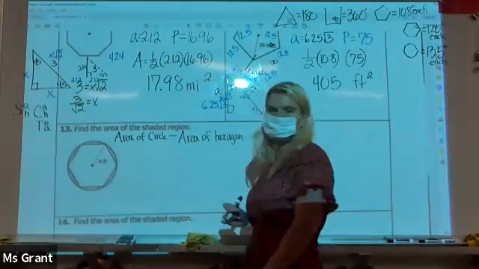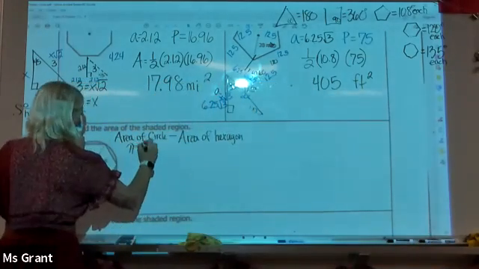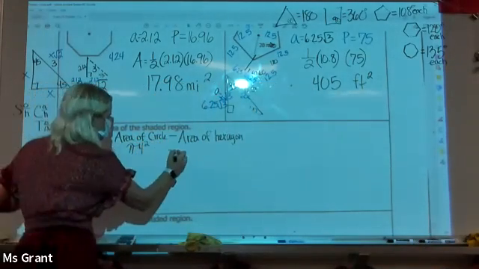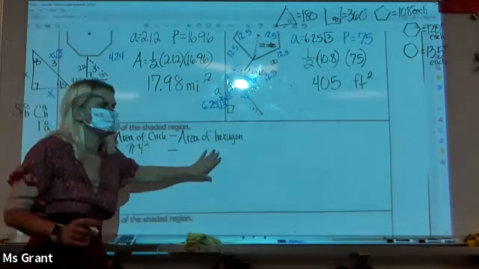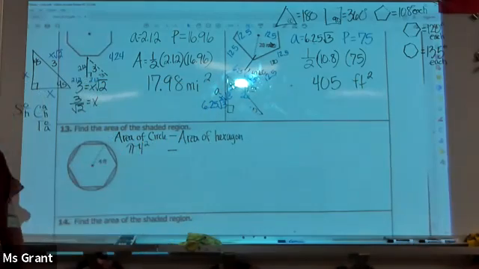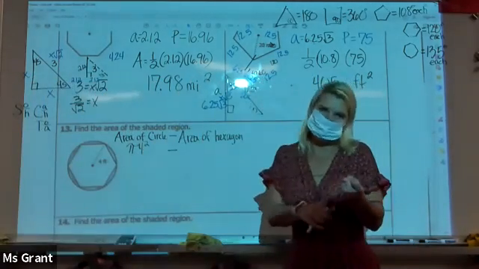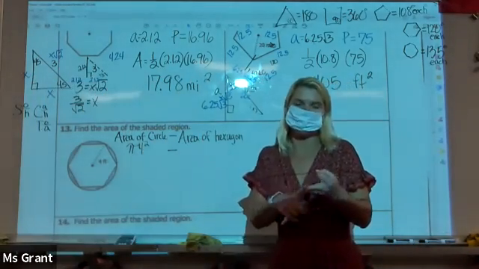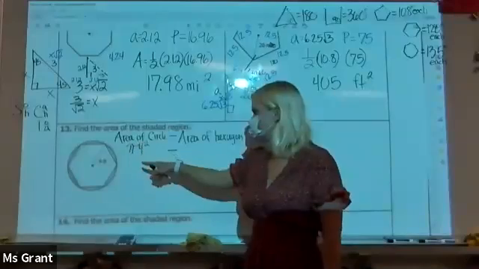And then I find the area of the hexagon. So the area of the circle is a simple pi times 4 squared. Minus the area of the hexagon, which is the process that we just spent the whole lesson doing. So it's draw a triangle, find the apothem, find the side length for this hexagon.